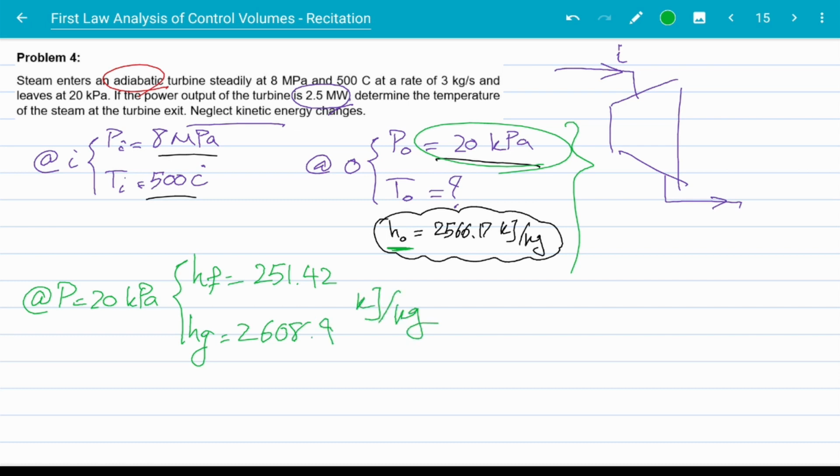Now, for those who don't remember what hf and hg represent, h of f is the enthalpy of saturated liquid, and h of g is the enthalpy of saturated vapor at the pressure of 20 kilopascals. Now, doing a comparison, I get that the enthalpy that I have is larger than the enthalpy of saturated liquid, but it's smaller than the enthalpy of a saturated vapor. This means we are dealing with a saturated mixture.